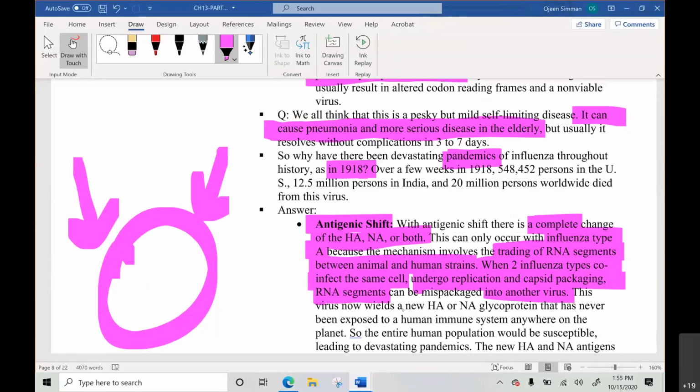This new virus has a whole new type of glycoproteins, which the human immune system has never been exposed to before. This means the whole population is susceptible to it, which means now everybody can get infected, leading to a pandemic.